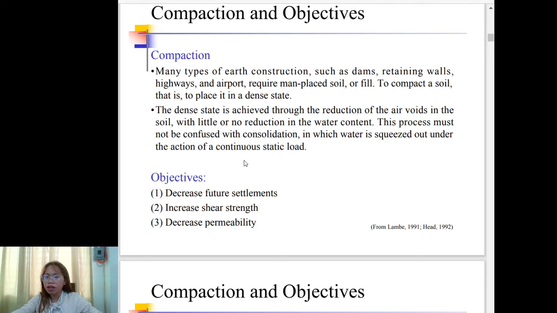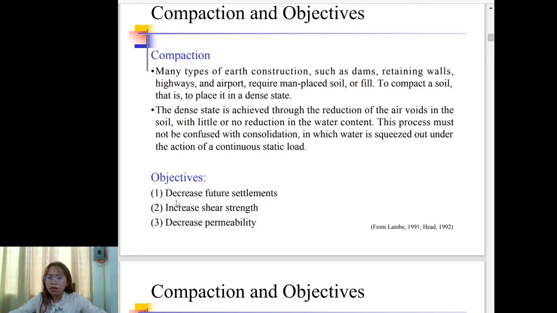This process must not be confused with consolidation, in which water is squeezed out under the action of continuous static load. So in compaction, the water content is not reduced or there is little or no reduction, while in consolidation, there is a reduction of water, or water is squeezed out. That is the difference between compaction and consolidation.